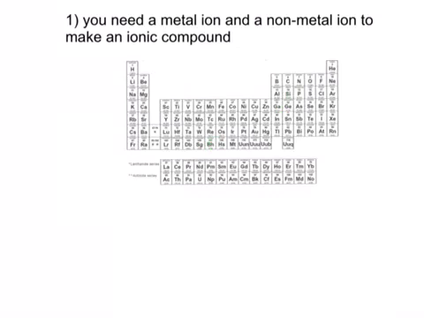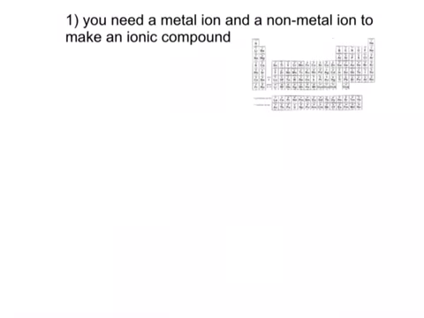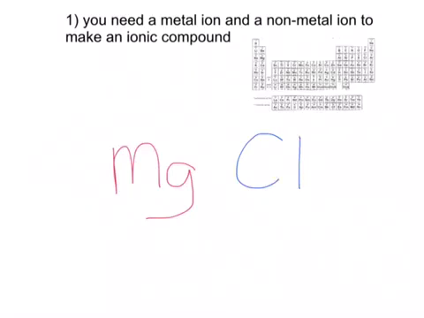Alright, so let's pick a metal and a non-metal in order to make a compound. Let's start with the metal. Let's pick magnesium. So we're going to look at a compound between magnesium, which is a metal, a positively charged ion, and the other one we're going to look at is chloride, which is a negative ion.